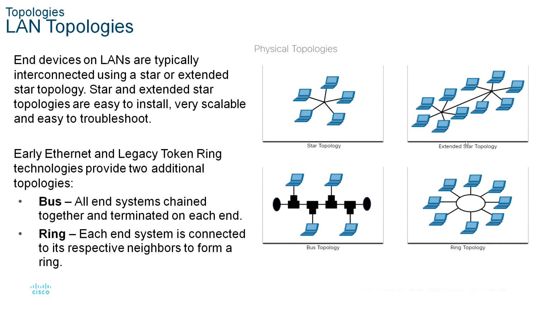Next topology, ring. N systems are connected to their respective neighbor, forming a ring. Unlike the bus topology, the ring does not need to be terminated. Legacy fiber distributed data interface (FDDI) and token ring networks use ring topologies.